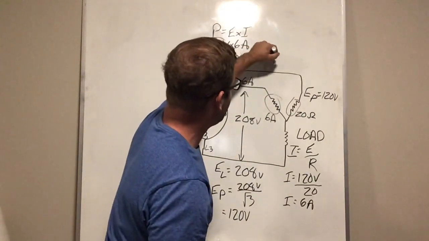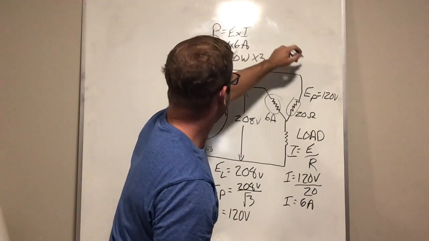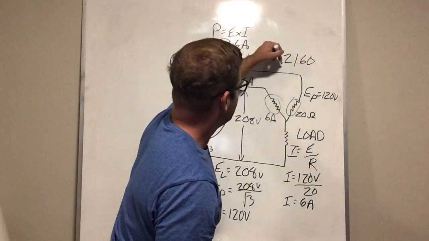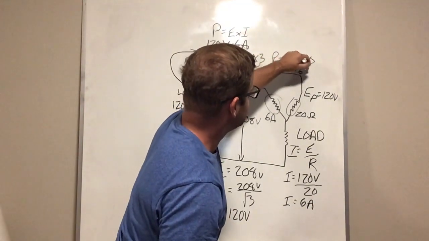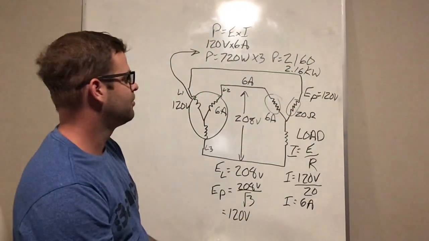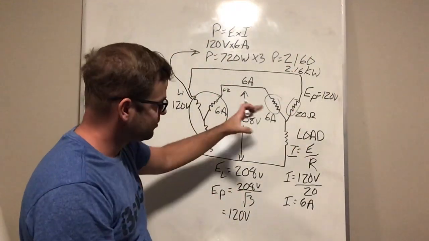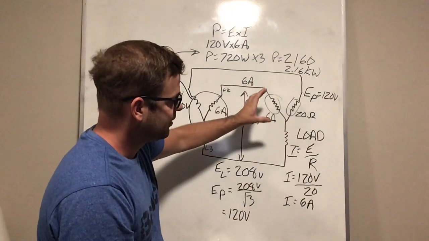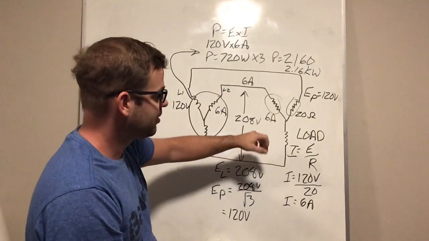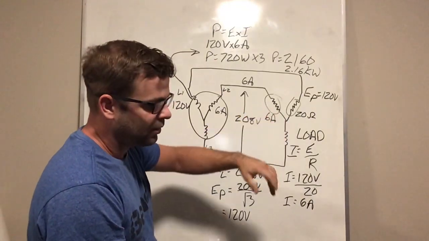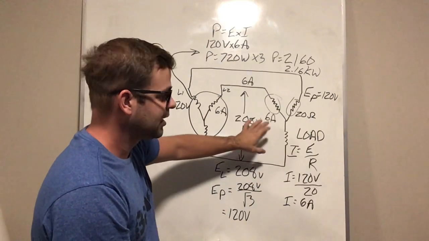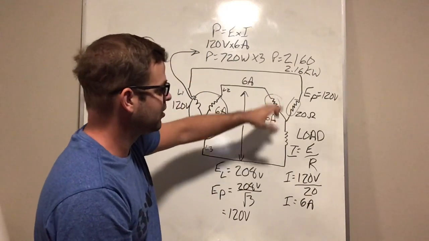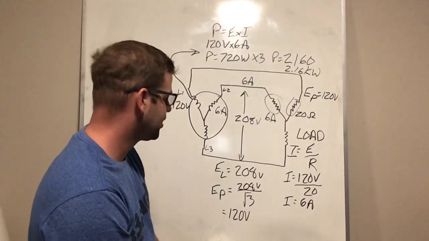So I get a total power of 2160, or 2.16 kilowatts from that. And it makes sense, because on each one I could physically see a voltage of 120. I could put an amp clamp on it if it was a plug, or if it had an extension cord on it, and see that yes, I'm drawing 6 amps from each of those, combined of 720, 720, 720, which is 2.16 kilowatts.